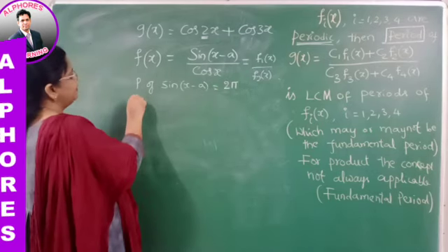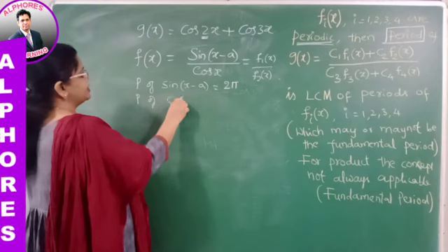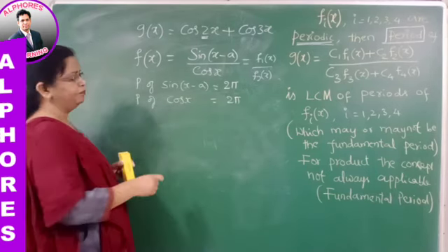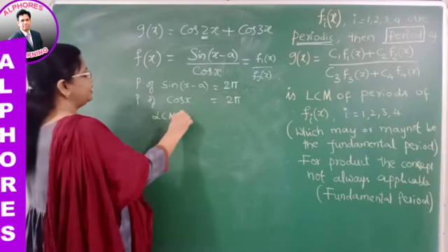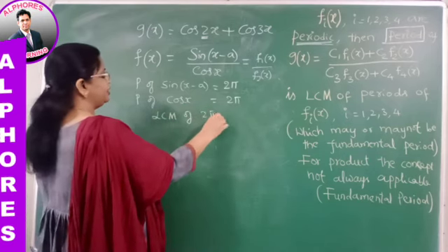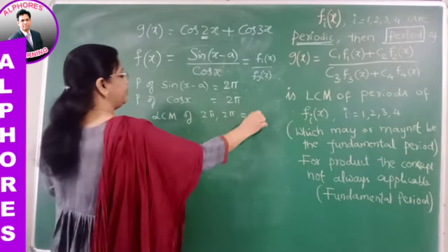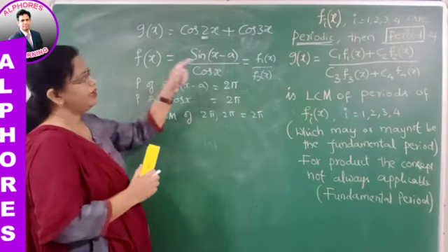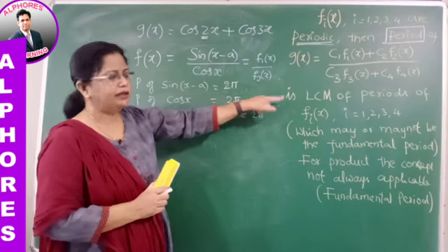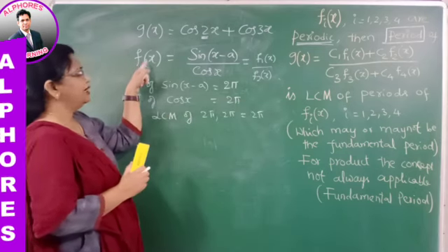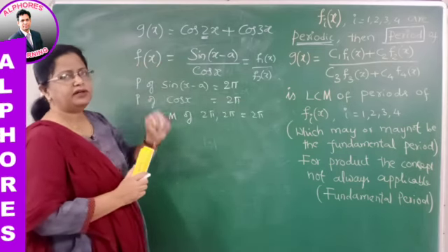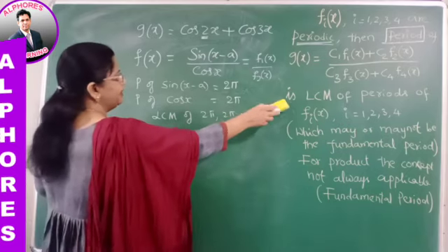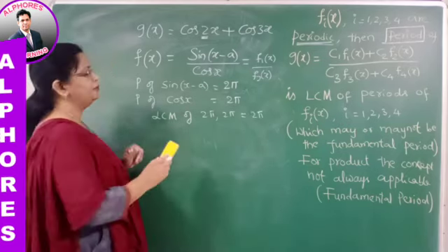And next, period of cos x is also 2 pi. Then the LCM of 2 pi, 2 pi is again 2 pi only. Therefore, based on this kind of definition, the period of this function is 2 pi.